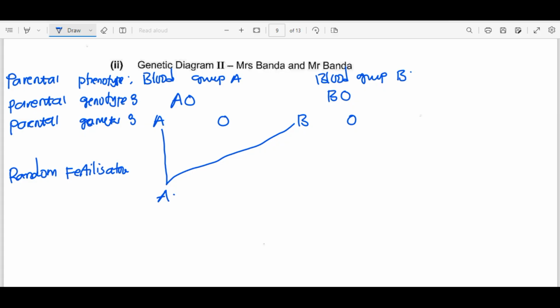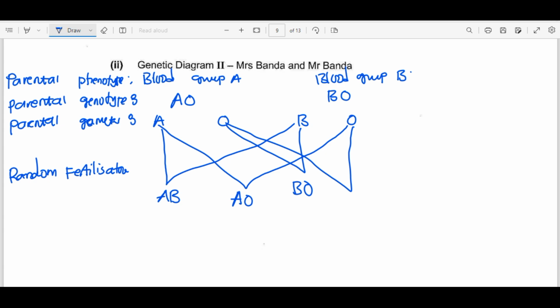So there is a chance of having a B. There is a chance of having A. There is a chance of having B. There is a chance of having O. So say genotype of F1. Now for this couple, they have a chance of having blood group B, we can see.